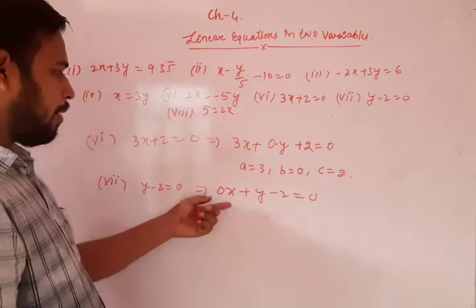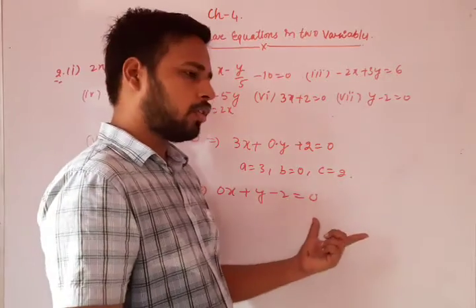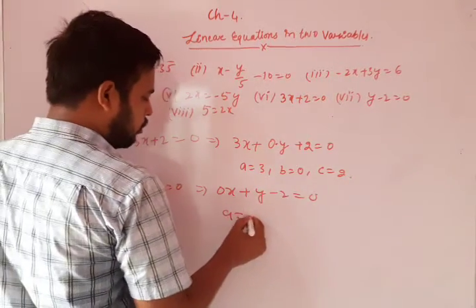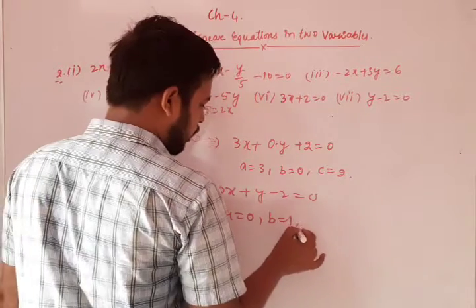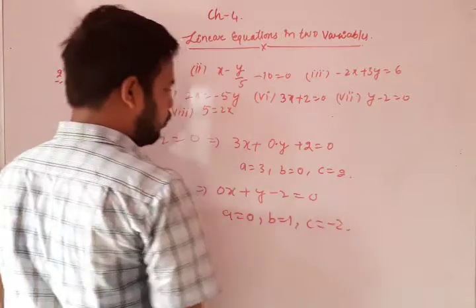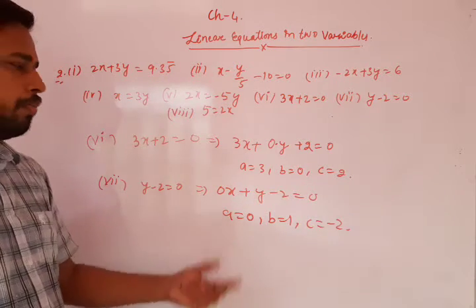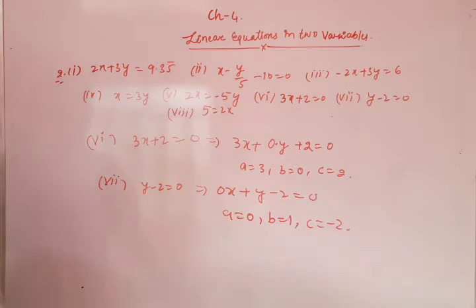Now we have x and y and minus 2. Now we can write a, b, c very easily. So a equals 0, b equals 1, c equals minus 2.